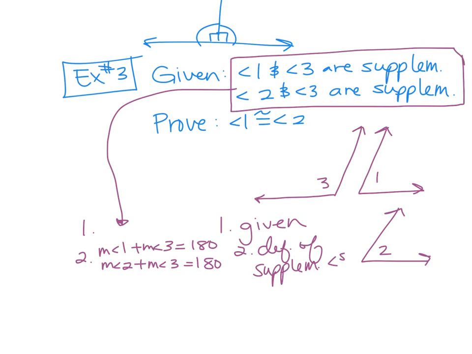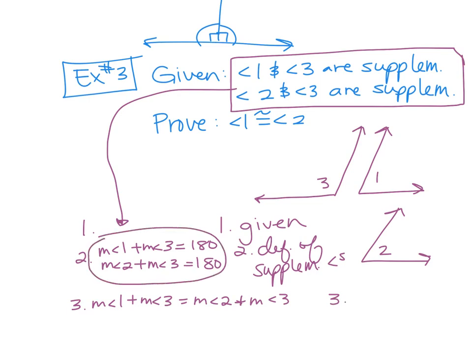So then for my third step, I'm going to say the measure of angle 1 plus the measure of angle 3 equals the measure of angle 2 plus the measure of angle 3. Can anyone tell me why I can say that? So I had this. What did I do to get this? Sam. You supplemented the left for the right?